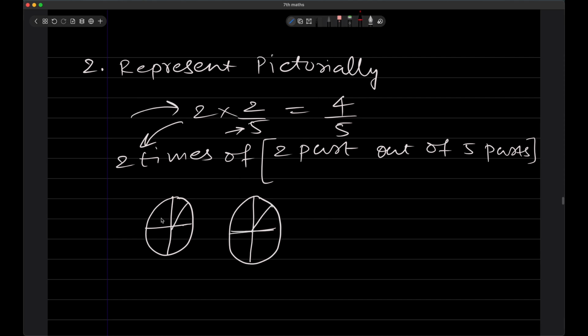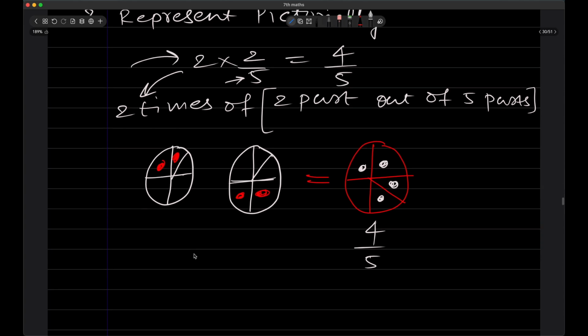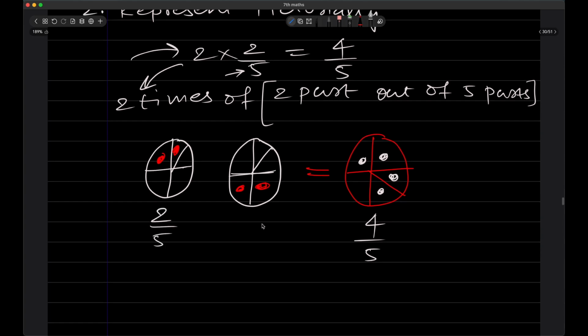We are taking 2 parts out of 5 parts, and we will get 2 plus 2, that is 4 parts out of 5 parts. We are taking 2 parts out of 5 parts, and after summing up we will get 4 parts out of 5 parts.